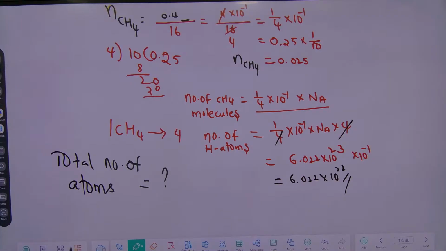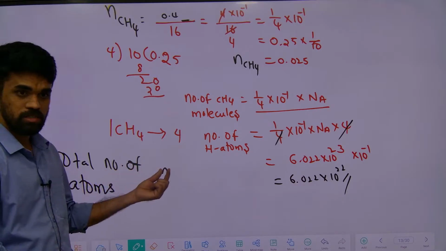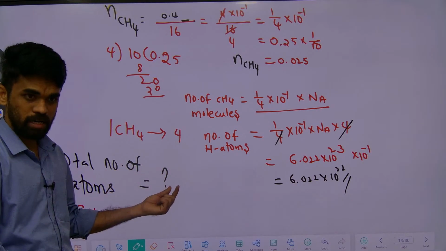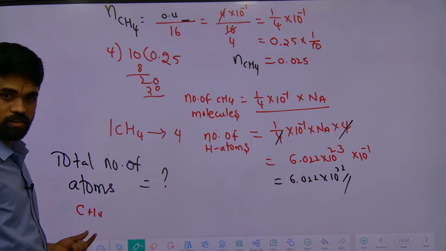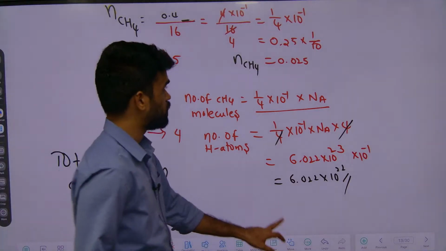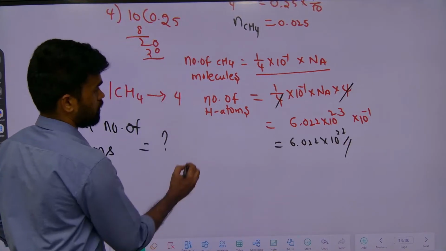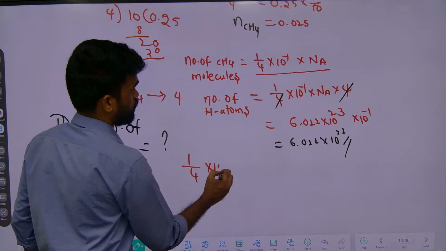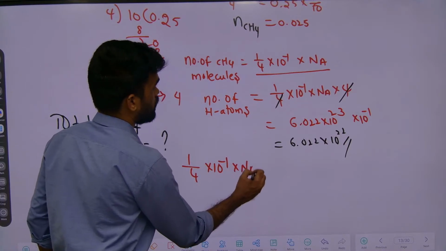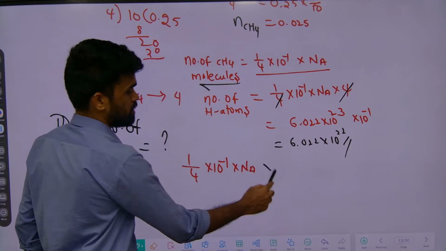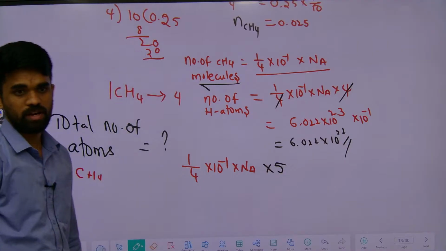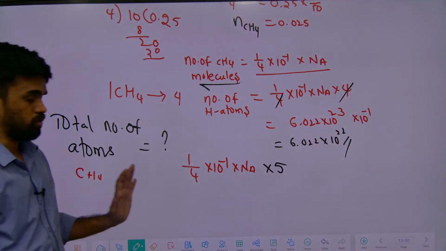Total number of atoms means what? In methane, how many atoms are there? That's it. That many moles into Avogadro number into 5. What's your answer then? Like 1 by 4 into 10 power minus 1 into Avogadro number, we got methane molecules. This number into 5 is your final answer. Got this? Okay, that's it.